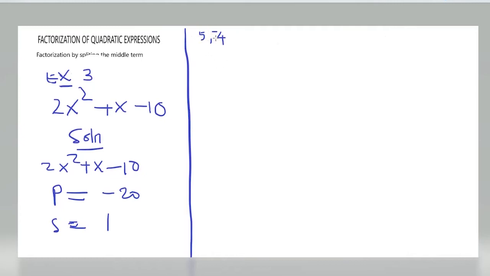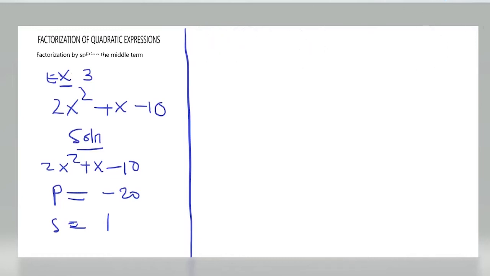Now 5 times negative 4 is negative 20, it is true, and 5 plus negative 4 is equal to positive 1. So this one is right. So my numbers are 5 and negative 4. For this case, it will have 5x. When I split this x, I have 5x plus negative 4x.